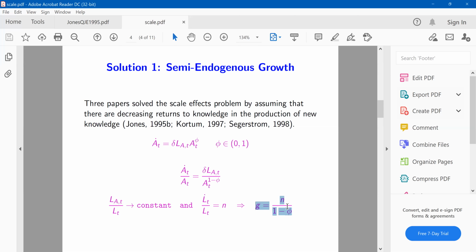So that creates semi-endogenous growth, right? So it is endogenous, yes. It is solved as a function of two parameters, and if you slightly extend the model, you may introduce other parameters as well. But the end result is that policy cannot easily affect the growth rate.